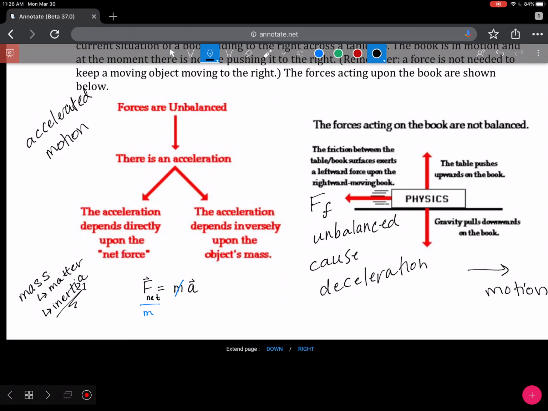So really heavy objects, like a big cruise ship, have a lot of inertia, so it's hard to turn a big cruise ship. But a tiny little speedboat can change its direction and its speed really quickly because it has less mass than the big cruise ship. So when we talk about inertia, we're talking about how much mass an object has.